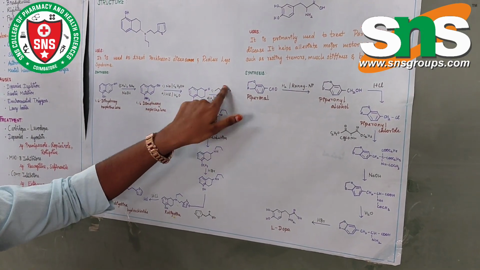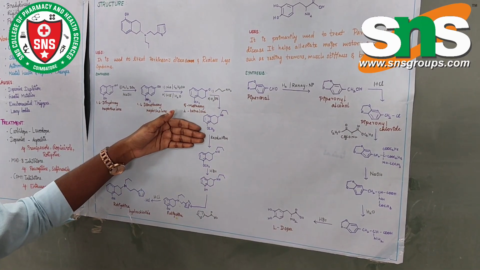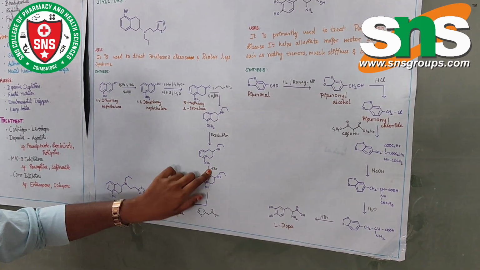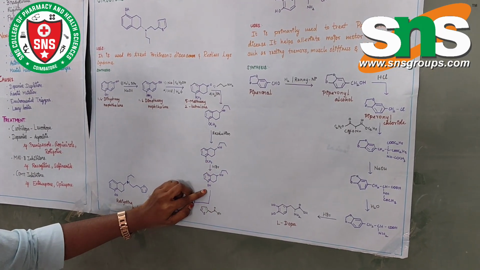This propylamine group is attached to this ketone group, followed by resolution, which is also followed by treatment with hydrogen bromide. This methoxy group is converted into an alcohol group.